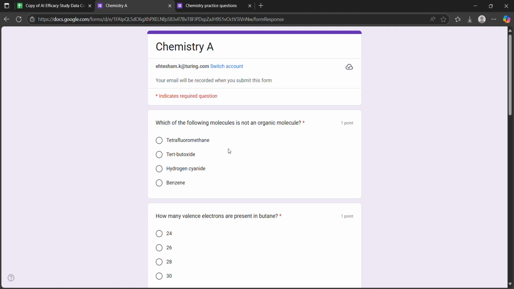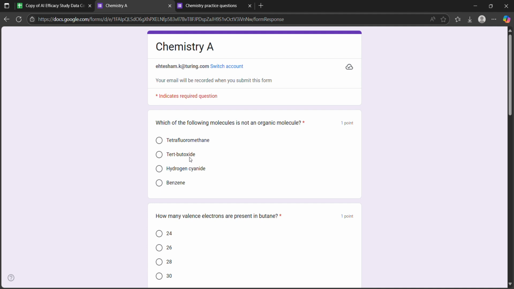Which of the following molecules is not an organic molecule? Tetrafluoromethane, tert butoxide, hydrogen cyanide, and benzene. So I think benzene is an organic molecule. Cyanide is also a poisonous substance, extremely poisonous and deadly.